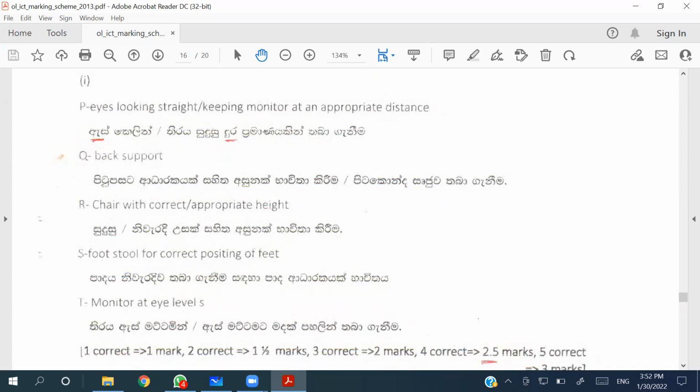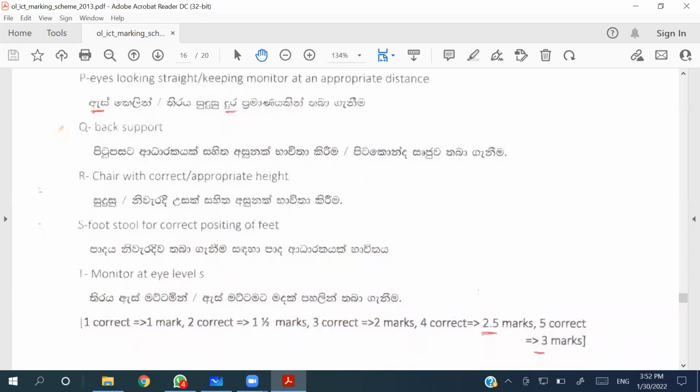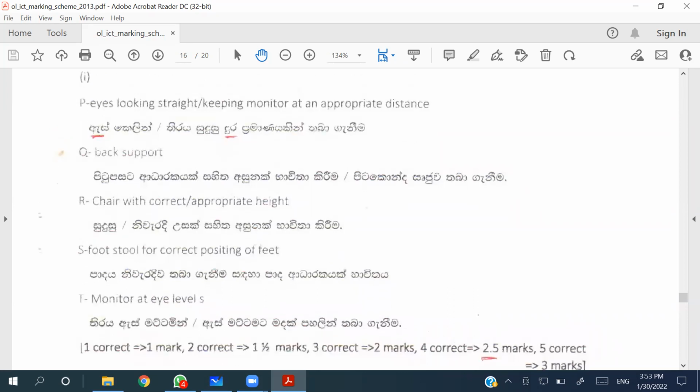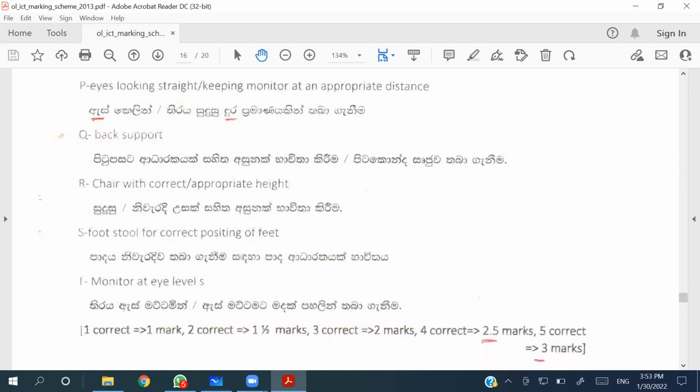Right, so for each and every correct answer, they have given you 0.5. So 2.5 can be taken. Ah, no, it's 3 marks that they have given. Let me see, 1, 2, 3, 4, 5. Yeah, what they have said is 1 correct is 1, 2 correct is 1.5, 3 correct is 2 marks, 4 correct is 2.5, and 5 correct is 3 marks.